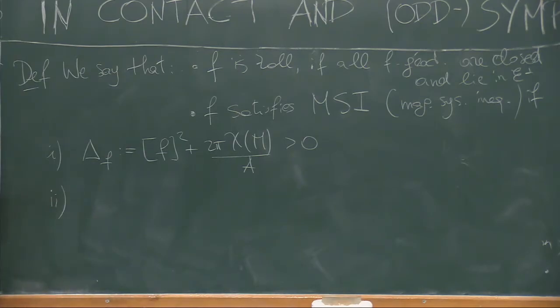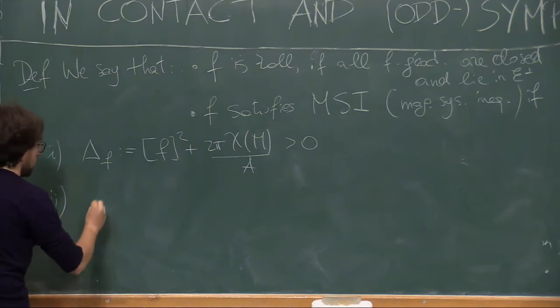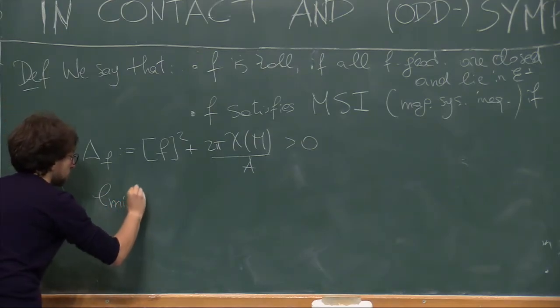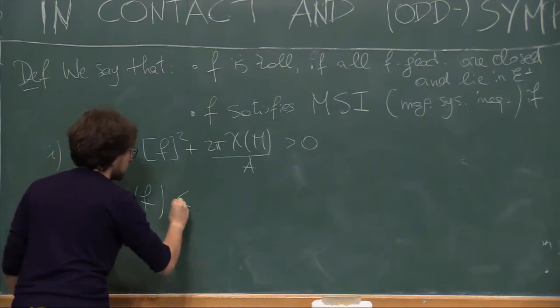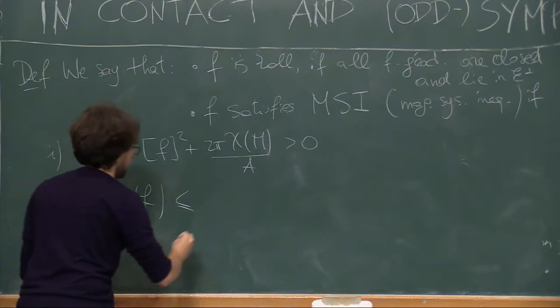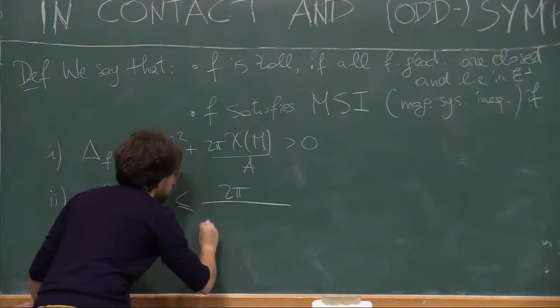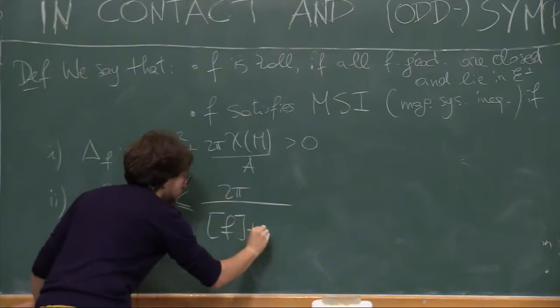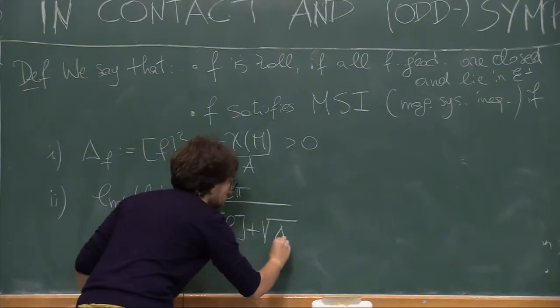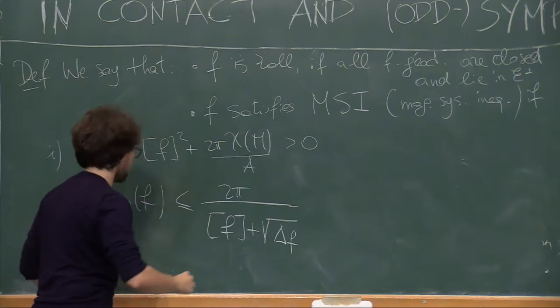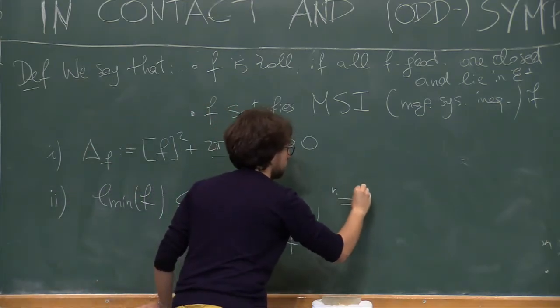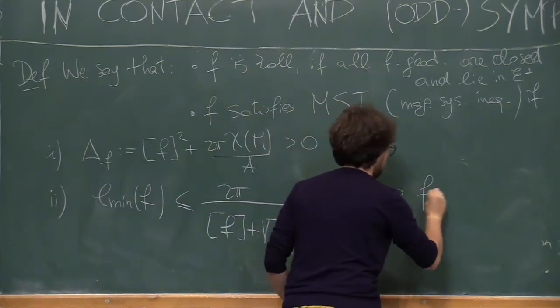And then when we have this, we want that the minimal length of f is less or equal than 2 pi divided by the average of f plus the square root of delta f, with equality if and only if f is Zoll.